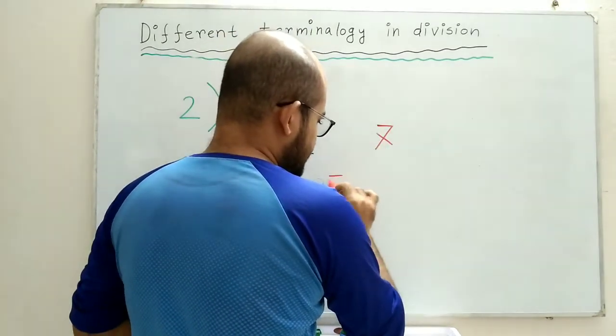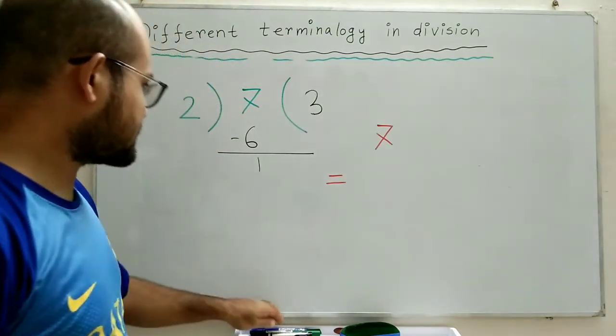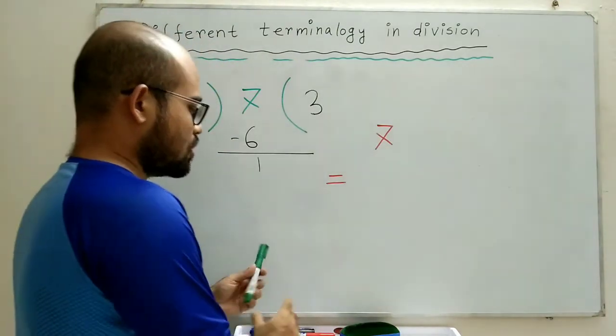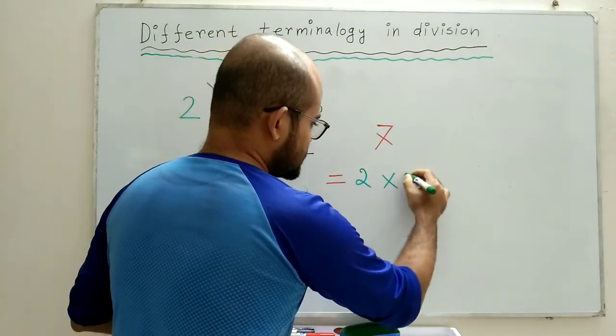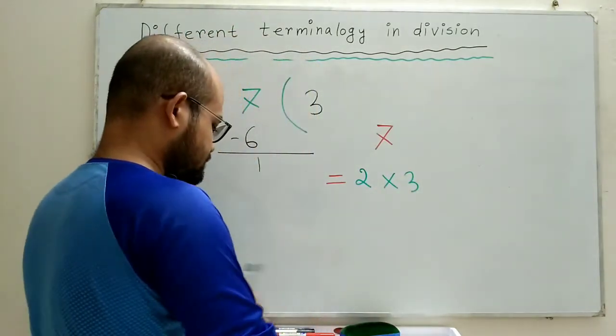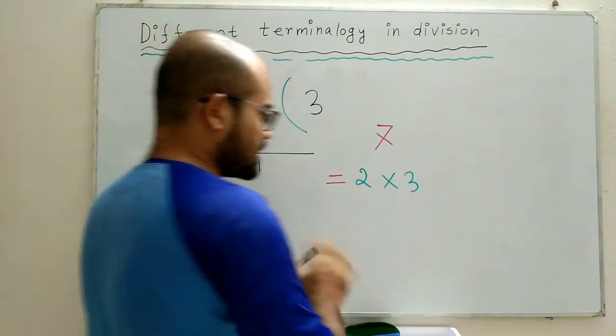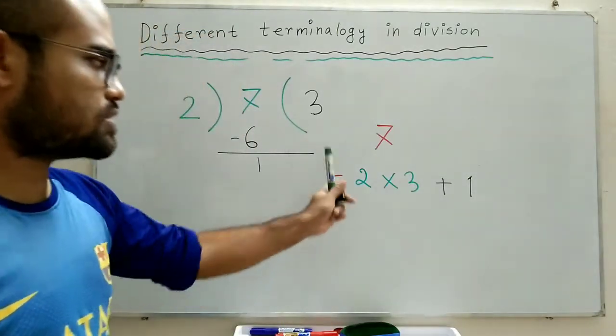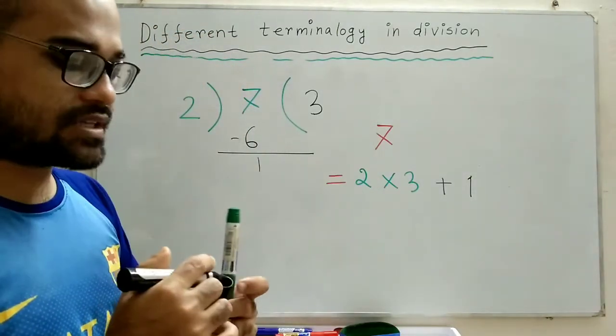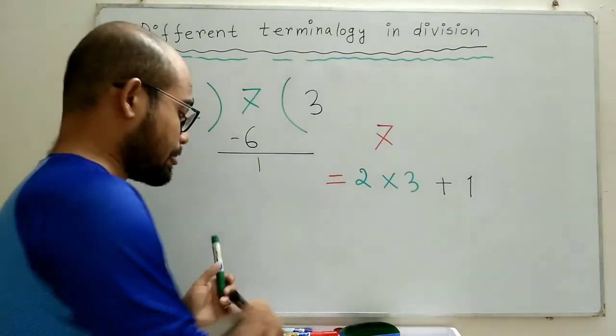Now we can write 7 as, let's see, 2 times 3 plus 1, isn't it? 2 times 3 equals 6. 6 plus 1 gives us 7.